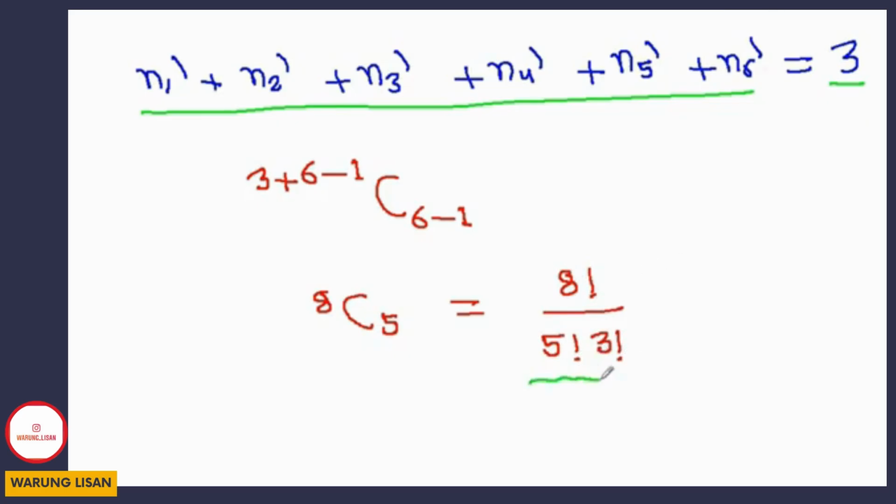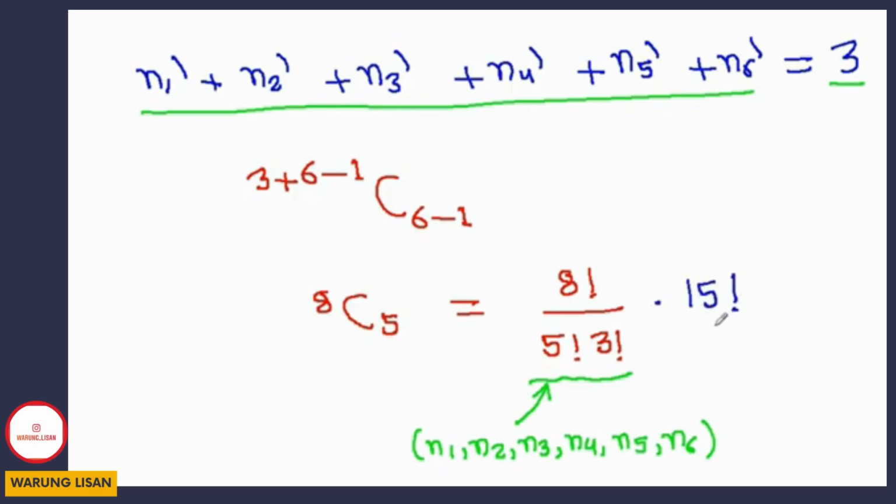So it is the number of ways we can make group of n1, n2, n3, n4, n5 and n6, and we have 15 boys. So those 15 boys can also be arranged in 15 factorial ways. Here 15 factorial is the number of ways to arrange 15 boys.